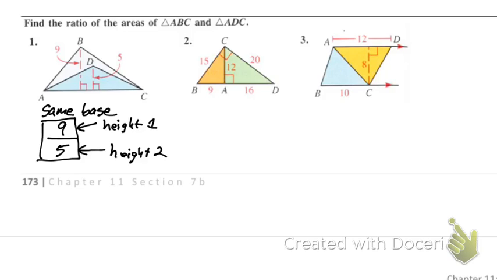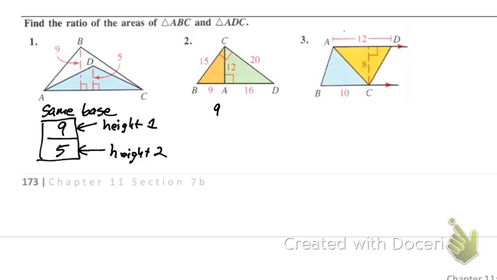All right, next one is ABC, ADC. Are these similar, same height, or same base? That's pretty much our three options. Amber? Same height. They're the same height. They both have AC as the height. So we just got to get the bases. Base 1, well, I'm looking for ABC. ABC's base is 9.